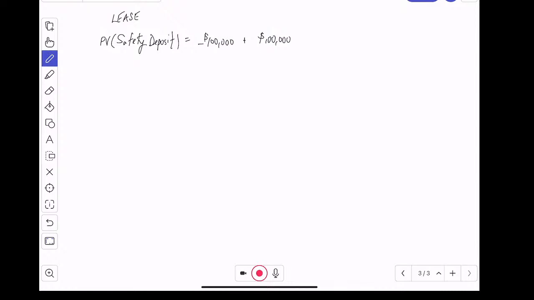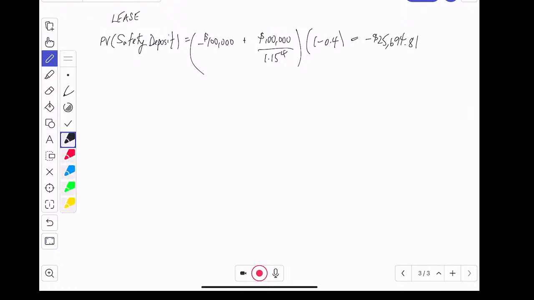Now because it's 4 years from now, it's not worth as much, but we'll account for that by discounting it. So this is after tax, so we compute that. And it works out to be negative $25,694.81, and you can store that with the decimals in 1.